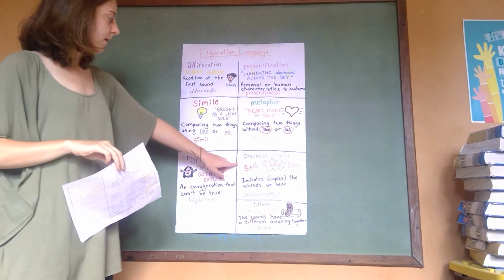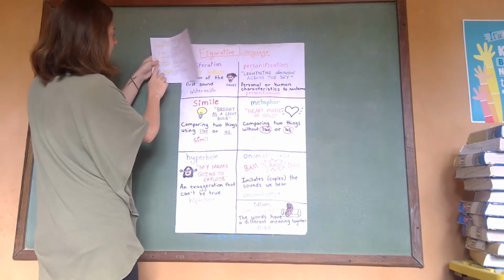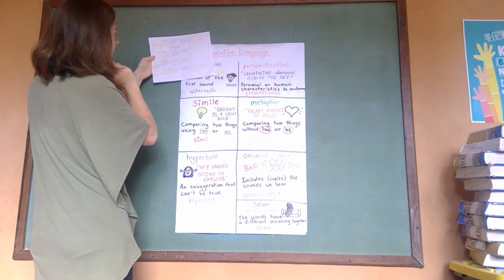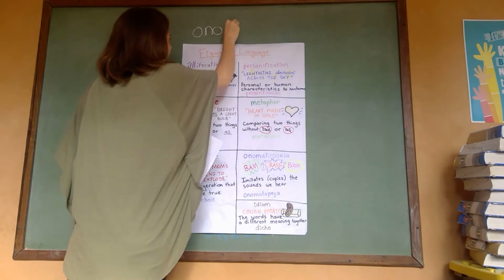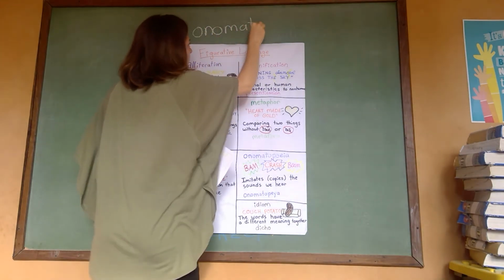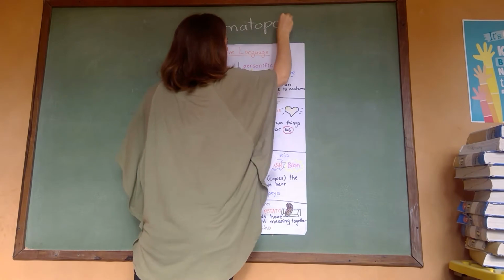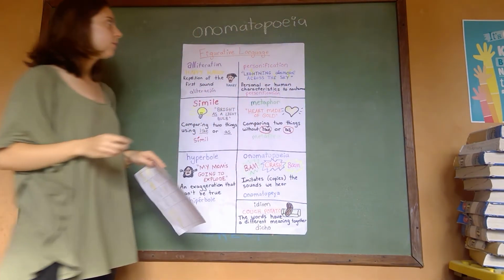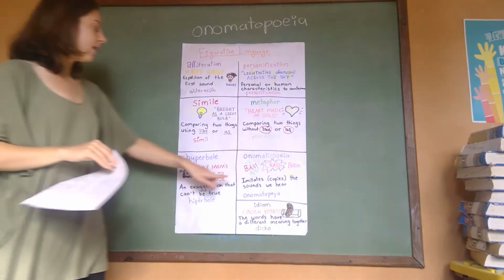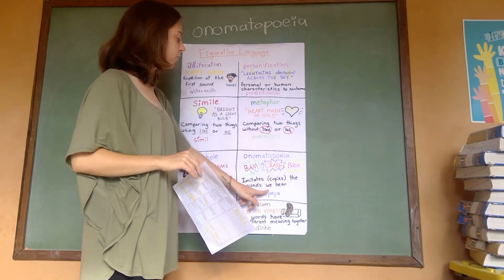Now, onomatopoeias, let me spell that for you because you'll have to write it in your box. Nope, not that box. Write it in this box. Onomatopoeia. This is really weird because it has 4 vowels in a row. Onomatopoeia. It imitates or copies the sounds we hear.